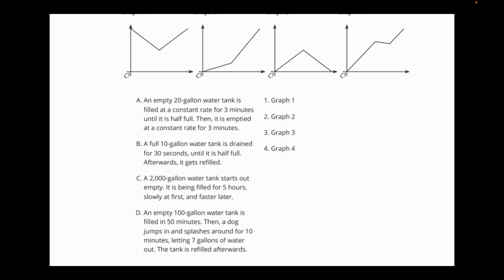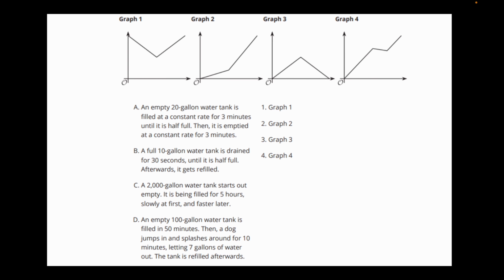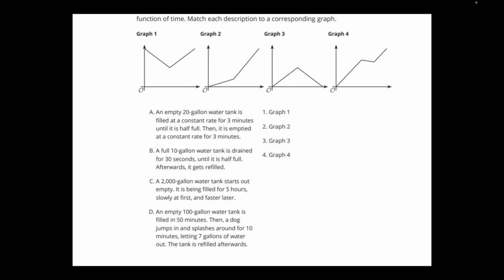Let's see. For A, we have an empty 20-gallon water tank. So we're starting at empty. If I'm starting at empty, I know I have to be starting at 0 and 0. So automatically, I know it can't be graph number 1. It's got to be one of these others.